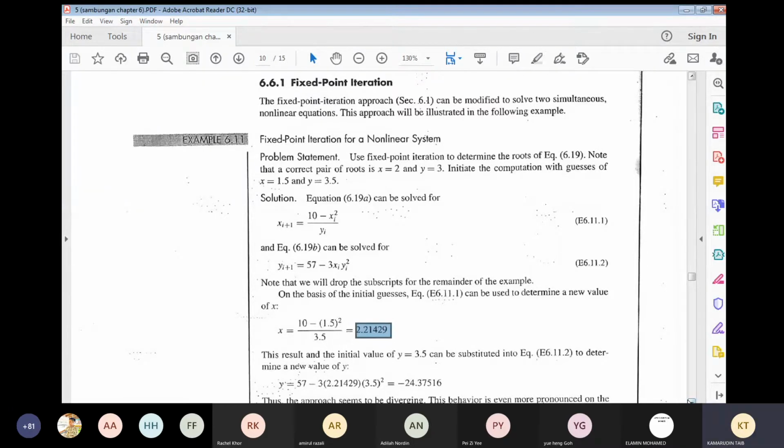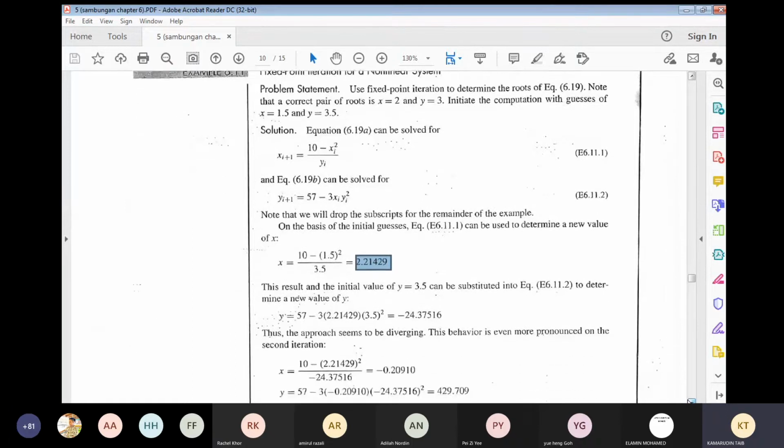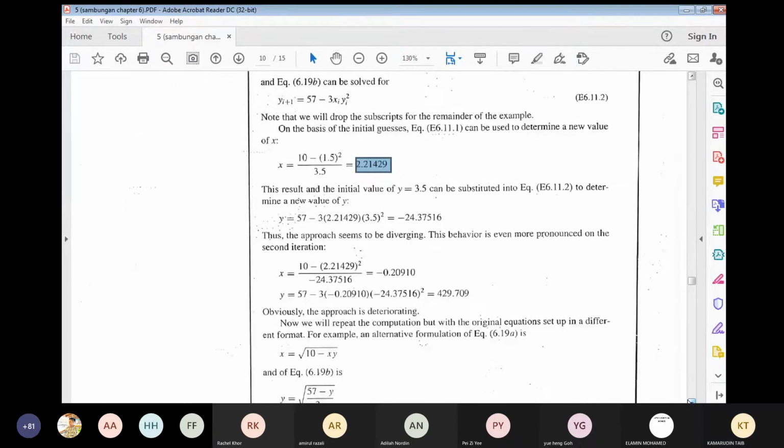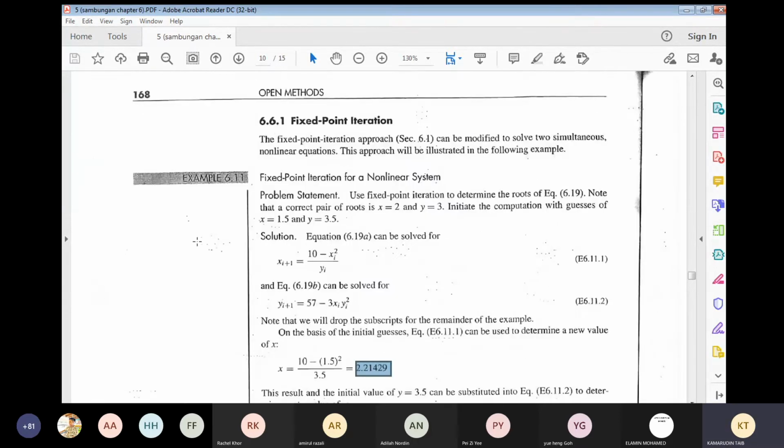We got negative 24.37516. Thus, the approach looks like it's going to be converged, all right? Because it's already given that the correct answer is y equals 3. And we start by assuming y equals 3.5.